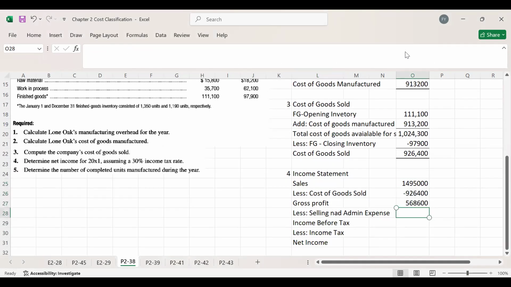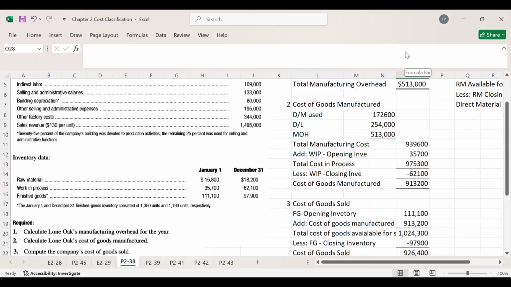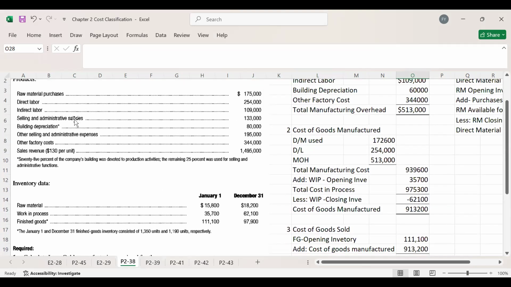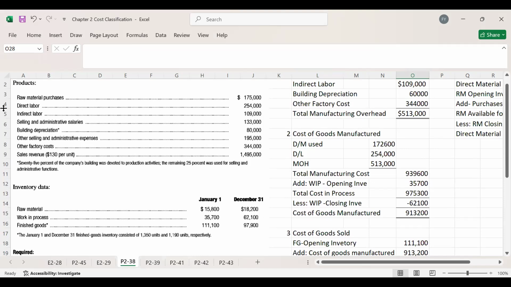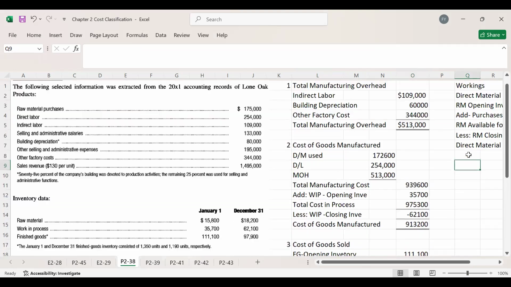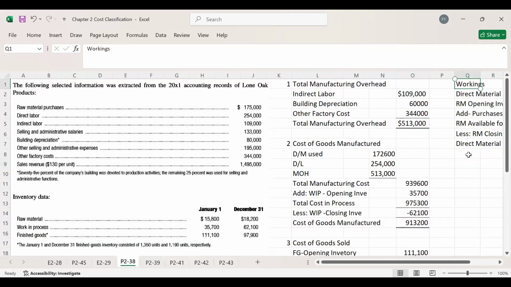And then selling and admin expenses. Selling and admin expenses are not directly given, so we will have to calculate them in the workings. You can say this is our working one.